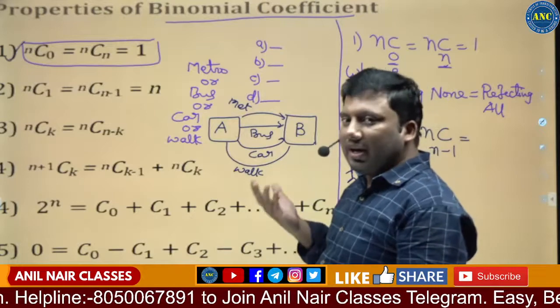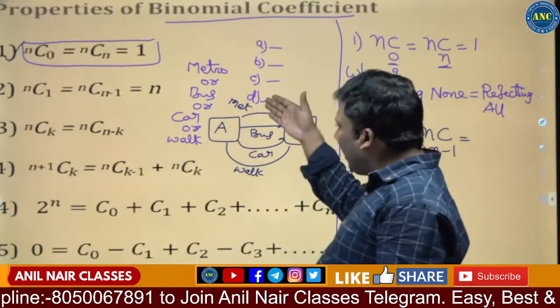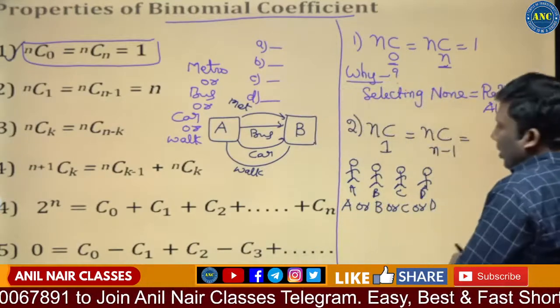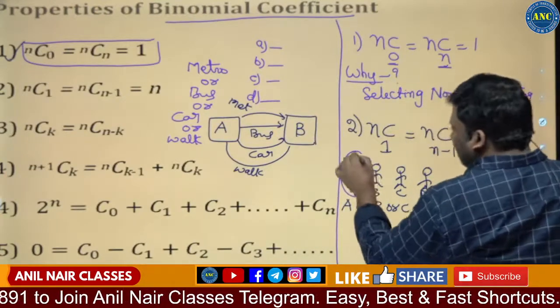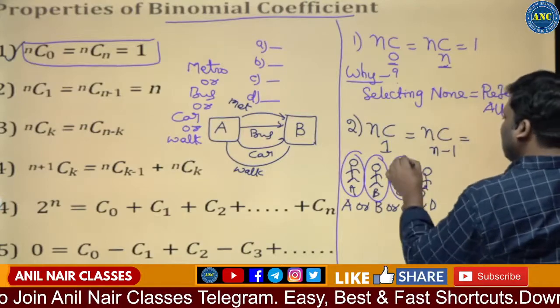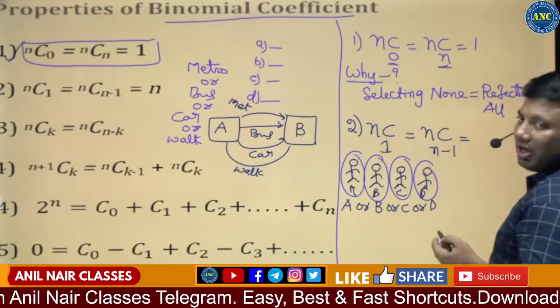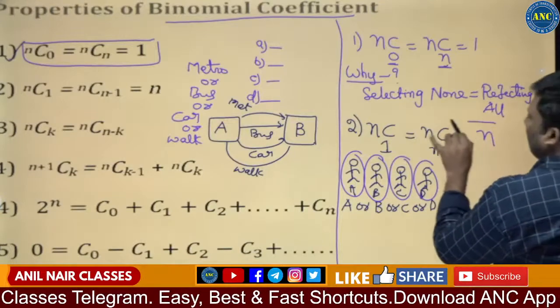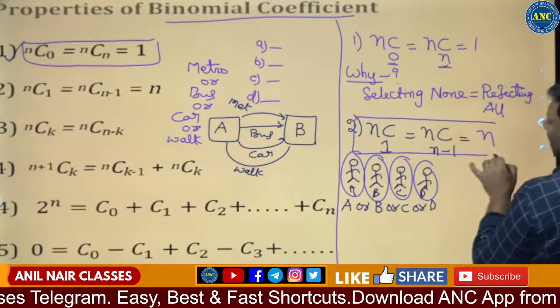I have a choice to make. I can choose any one out of these 4 ways. Here also I have a choice: either this, or this, or this, or this. So out of n, I can choose any one, and that can be done in n ways.